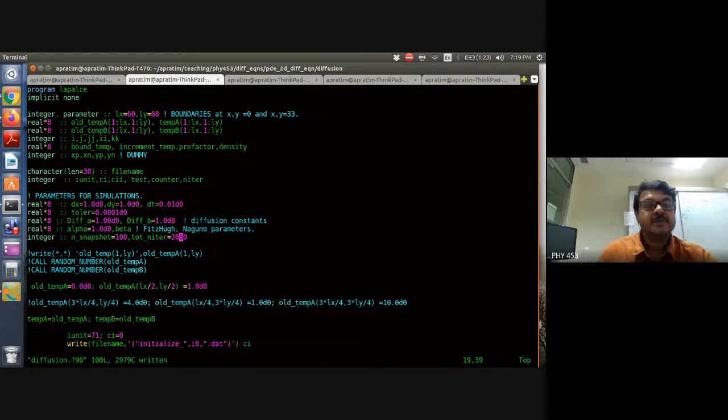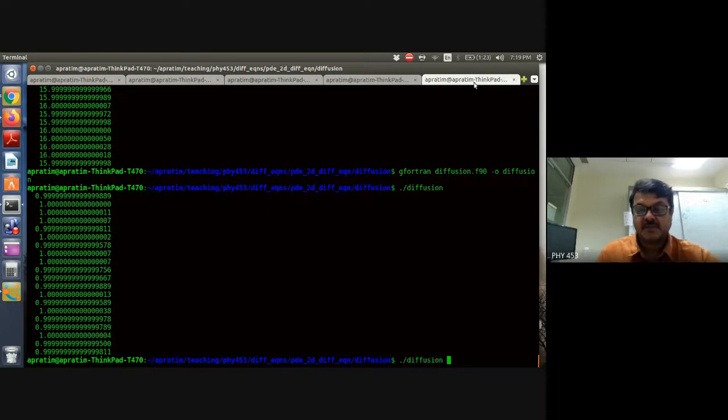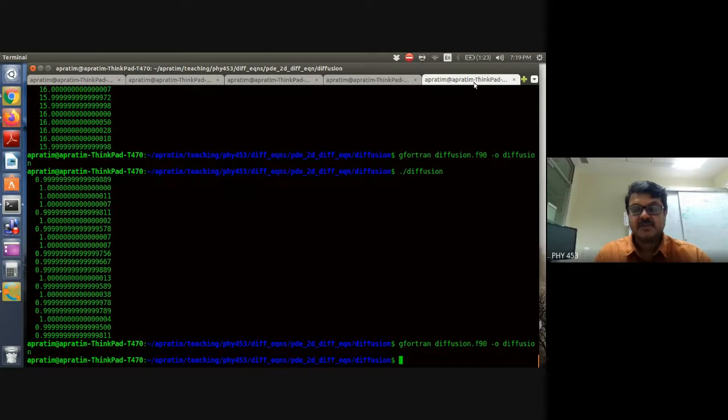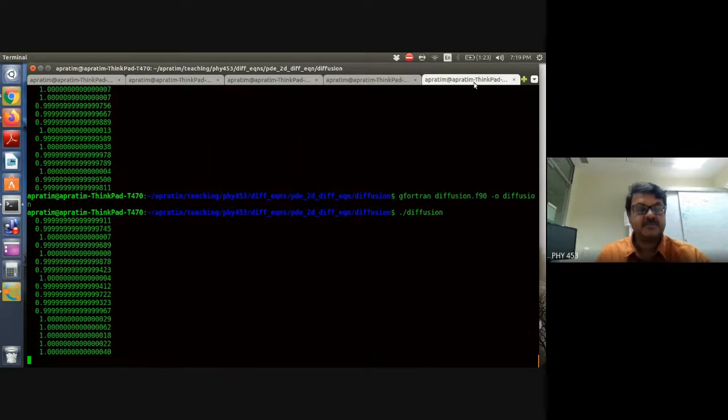So I'm going to run this in a 60 cross 60 lattice, and there's a droplet at 1.0, and let's see what kind of droplet diffusion we get. So this is the compiled version. Here I'm diffusing it.